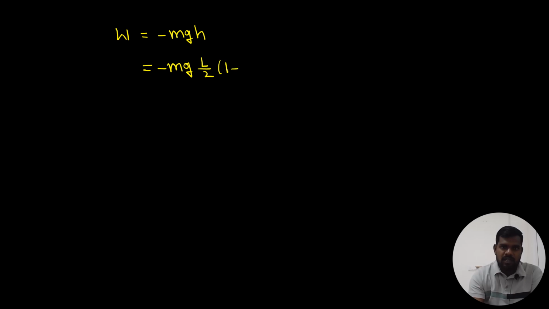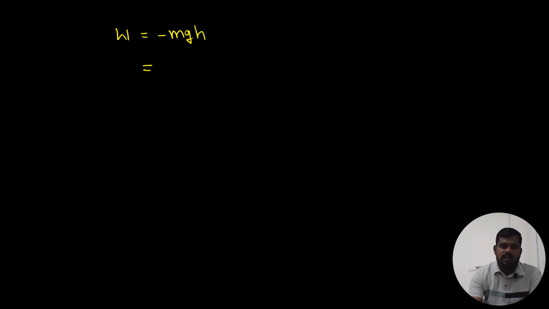Now the final answer: the work done by the gravitational force is W is equal to minus mgh. Sorry, this is wrong, it is not mgL by 2 cos theta.